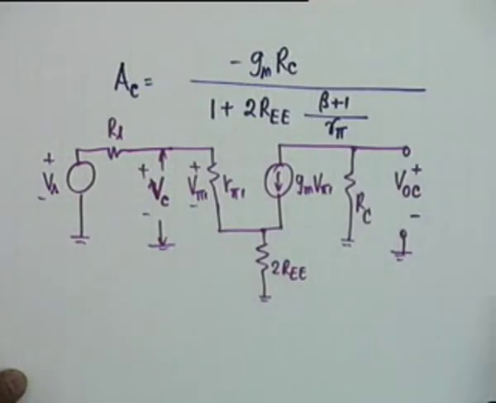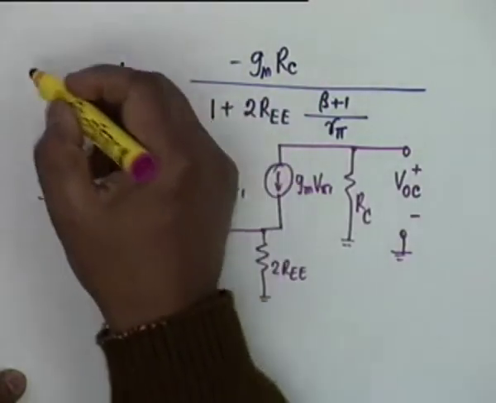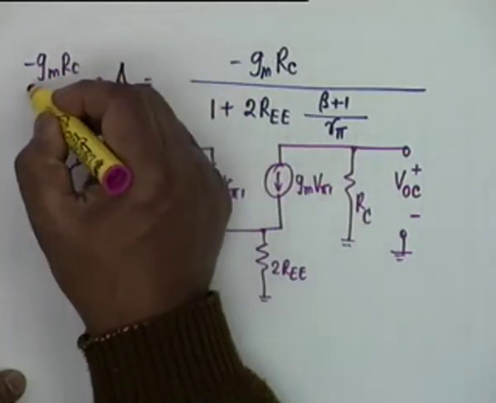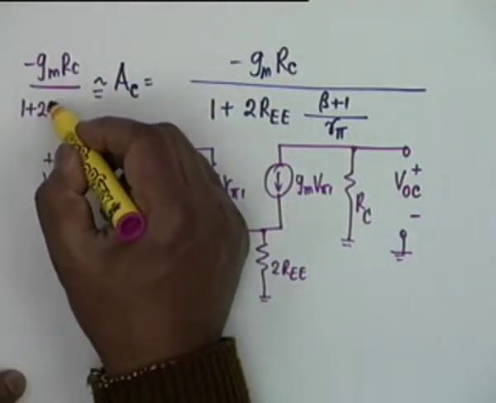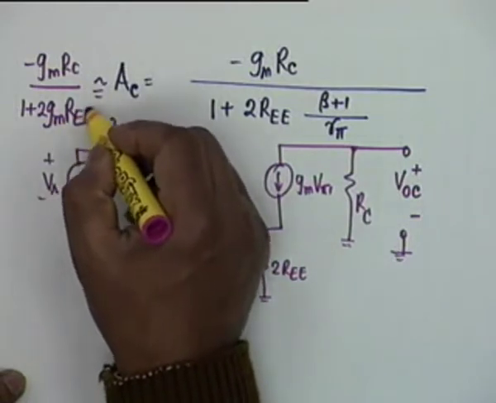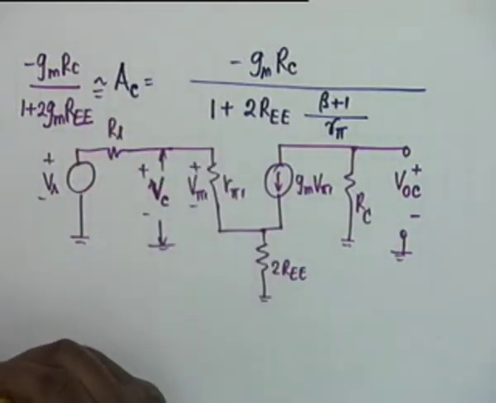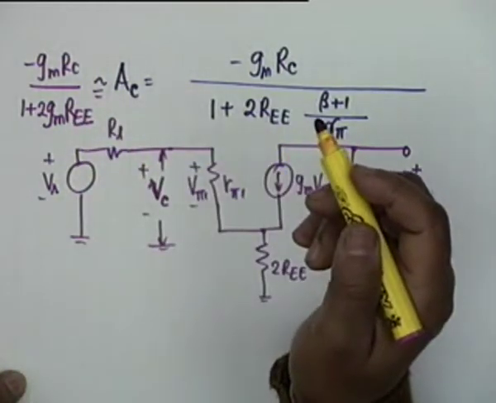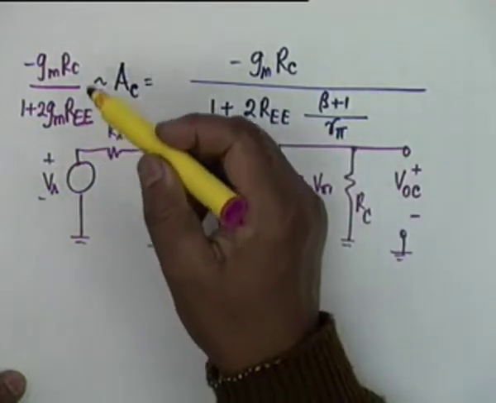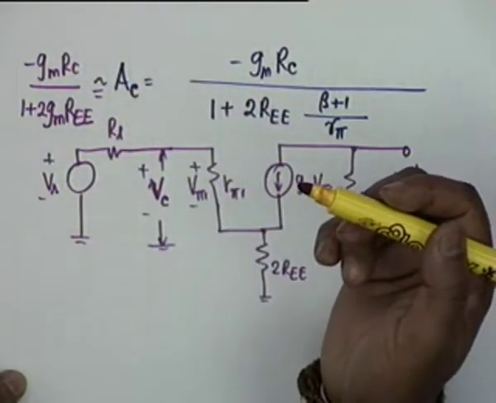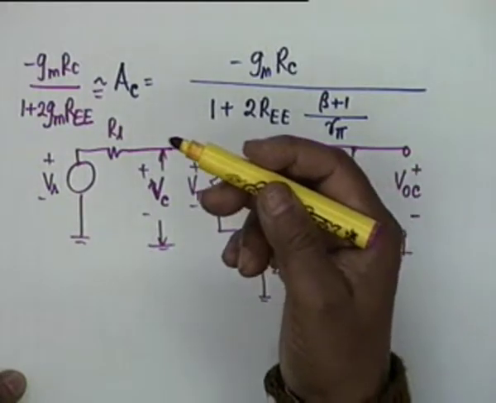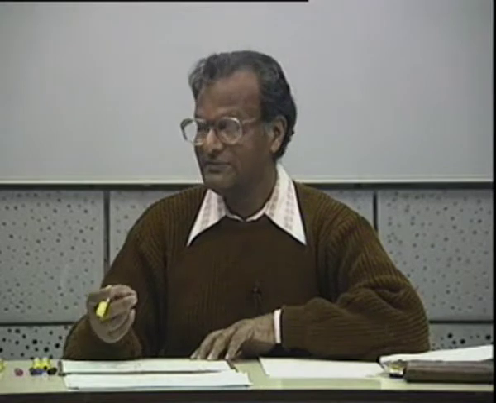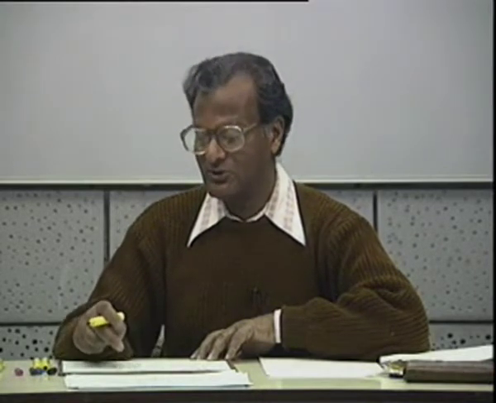So this is approximately equal to minus gm RC divided by 1 plus twice gm REE, and usually twice gm REE is much greater than 1, so the gain is simply minus RC divided by twice REE, in consonance with what we had found earlier, that if there is an unbypassed emitter resistance, the gain is controlled by the collector resistance and the emitter resistance.